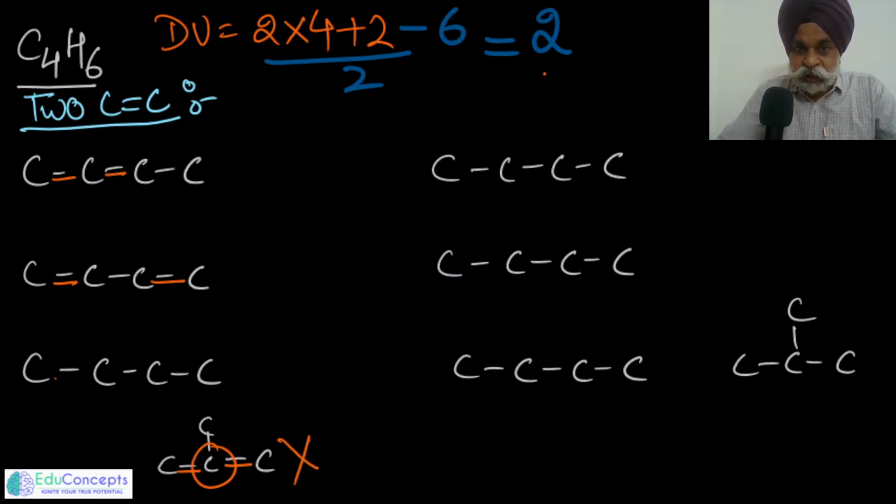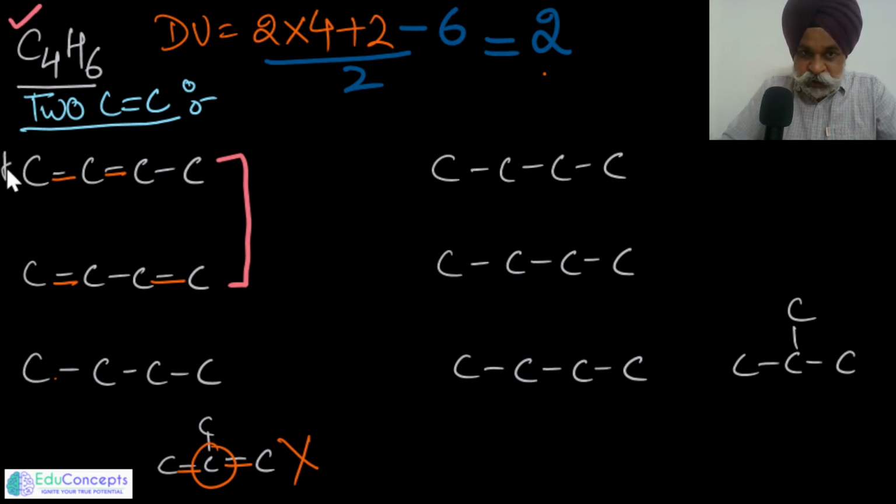So this means that it is these two. And the good part of the story is, once you have attached 4 carbons and retained degree of unsaturation 2, then the hydrogens would come out to be 6 only.